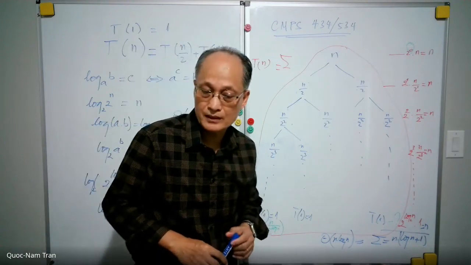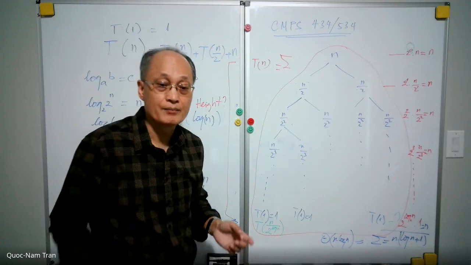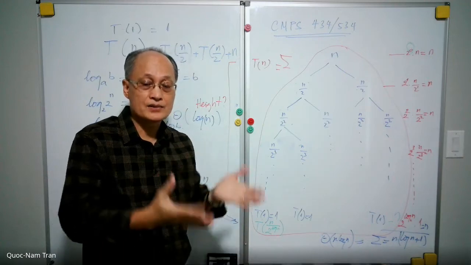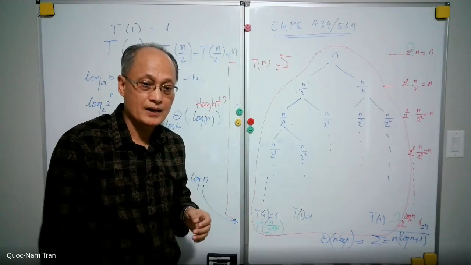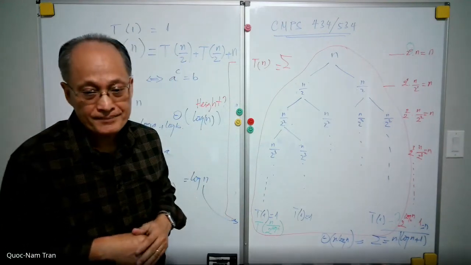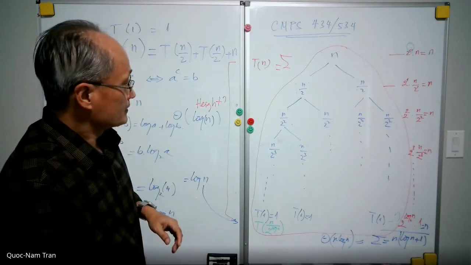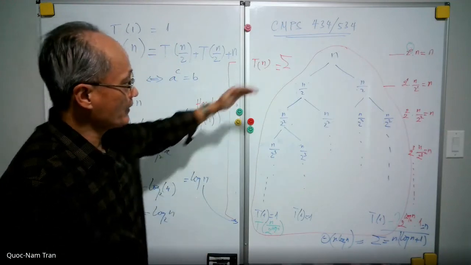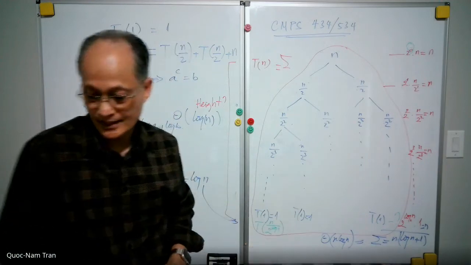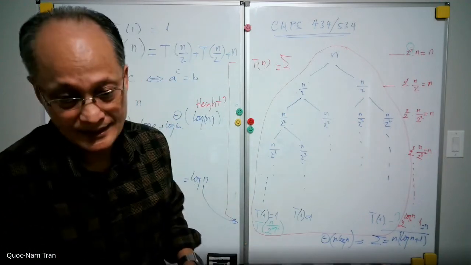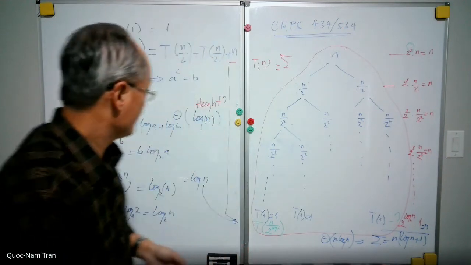In that situation the algorithm does nothing, because any array of size 1 is sorted. Very good. So that is the way we analyze the complexity of merge sort. Any questions?